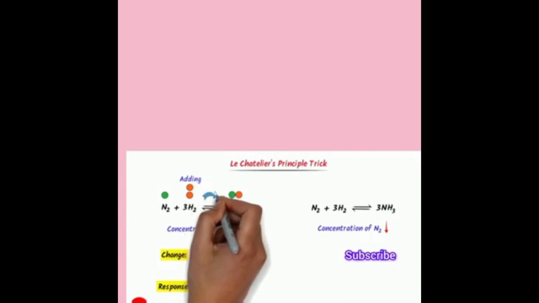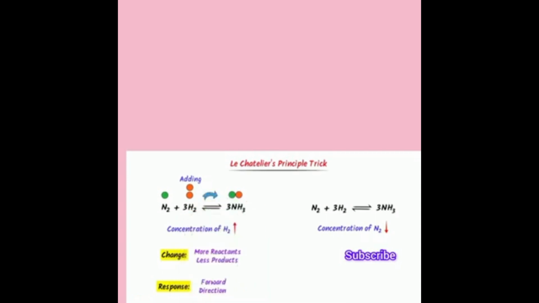The equilibrium will proceed in forward direction to form more products and neutralize the effect of concentration. Therefore, remember that if we increase the concentration of the hydrogen gas, equilibrium will shift in forward direction to neutralize the effect and restore chemical equilibrium.